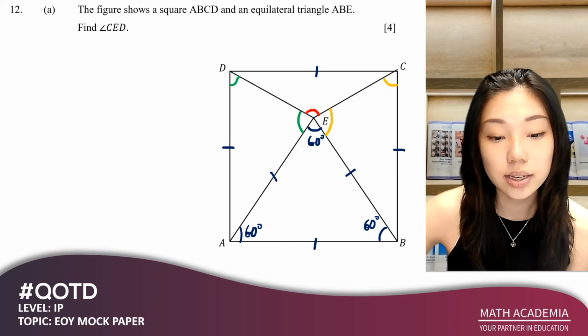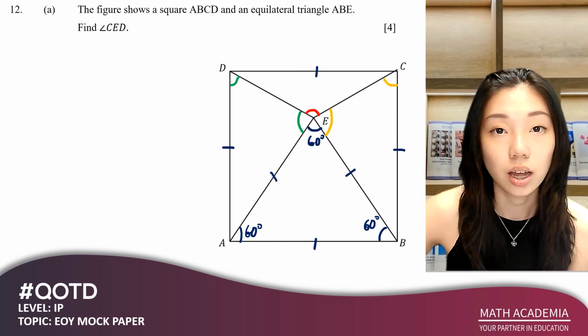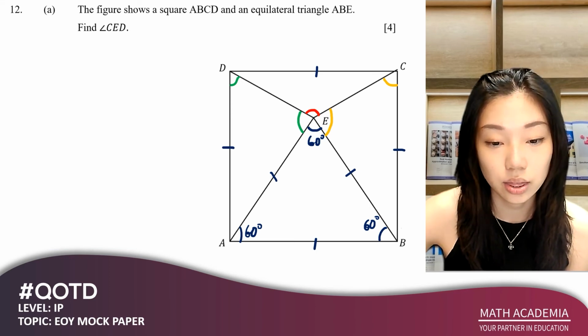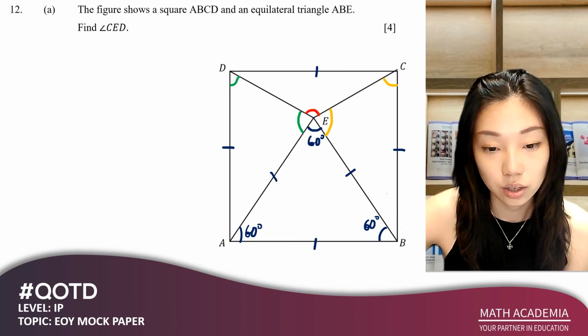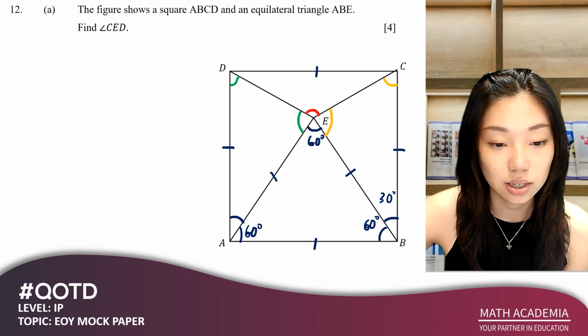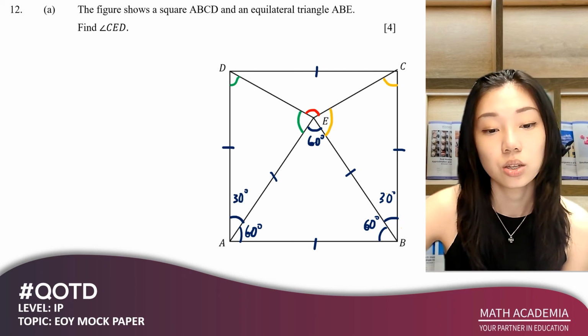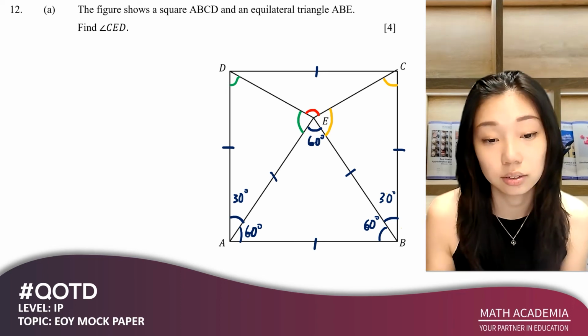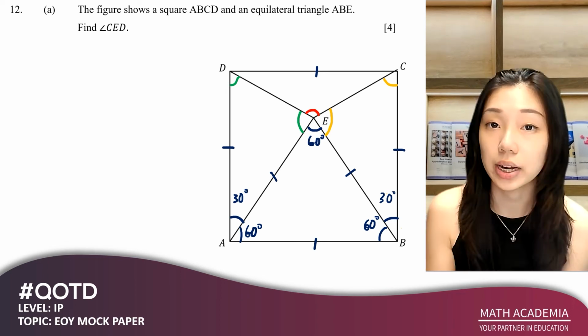Since all angles of the square are 90 degrees, this is 30 degrees, this is 30 degrees, and this is 30 degrees. With this, we can find the green angle and the yellow angle, and hence we can find the red angle.